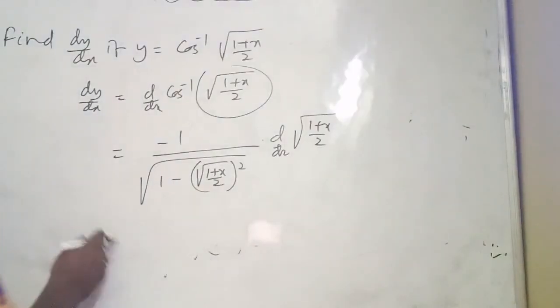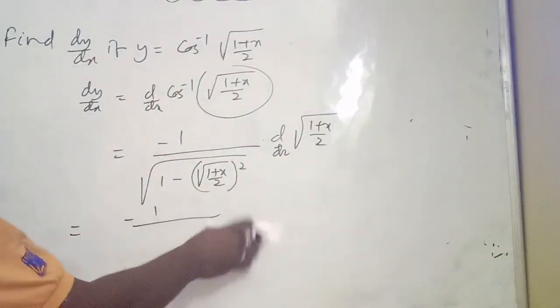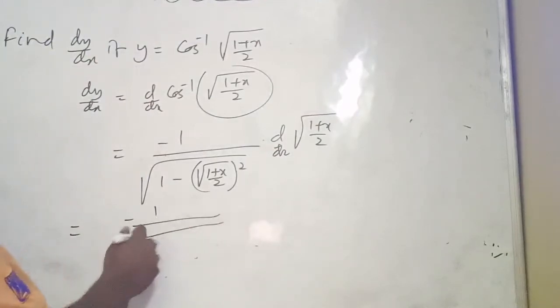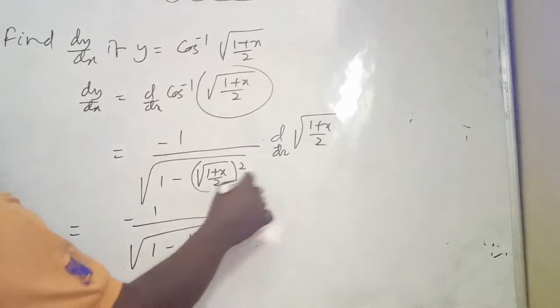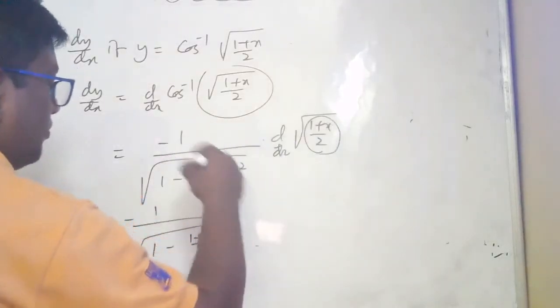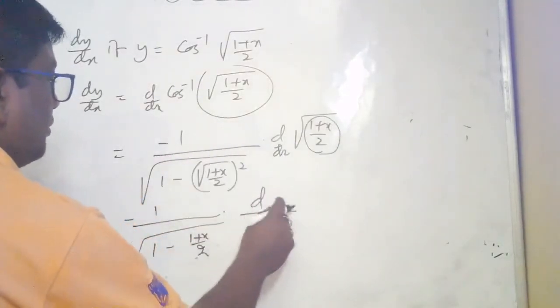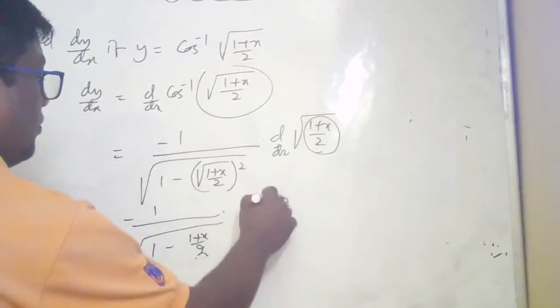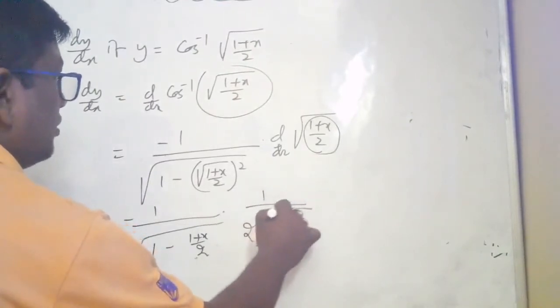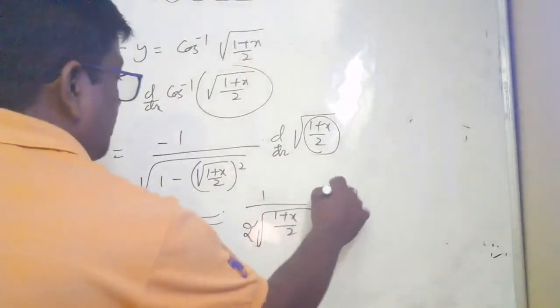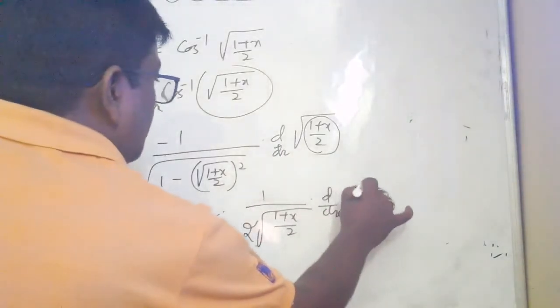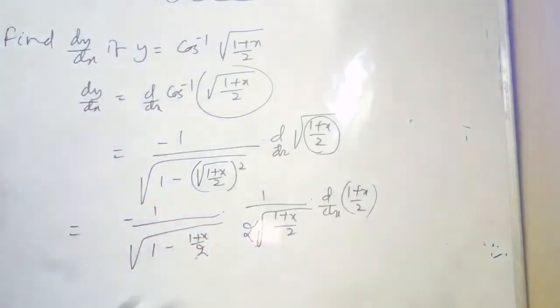And this is the chain rule: the derivative of root x form, so 1 by 2 into root over 1 plus x by 2, into d by dx of 1 plus x by 2. Okay, so what is your answer?